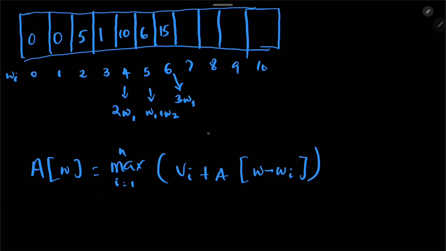This is the formula that produces this table, and at the end of the day, we want to pick the maximum. So this means that using dynamic programming, as we solve, we fill up this table. And at the end of the day, because we are looking for a max, our answer would be A_W. That's in this case where the knapsack is 10.